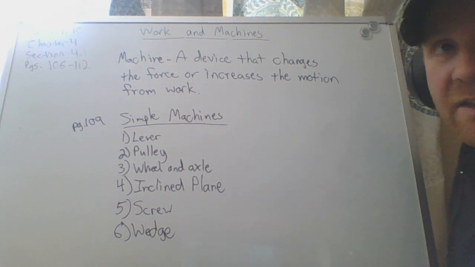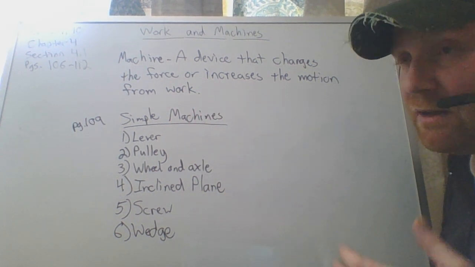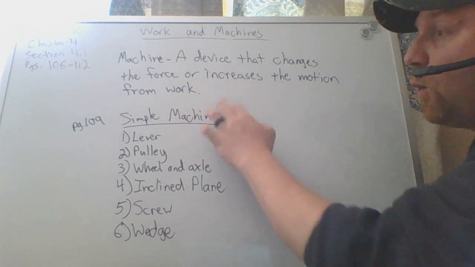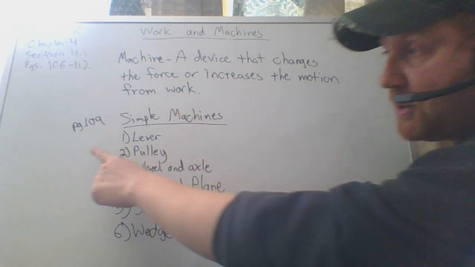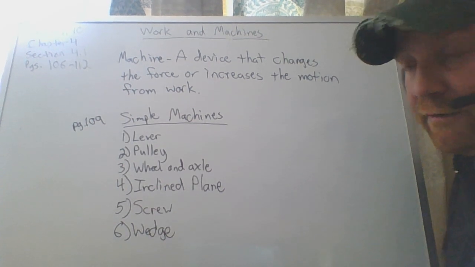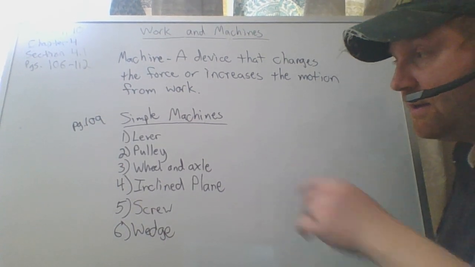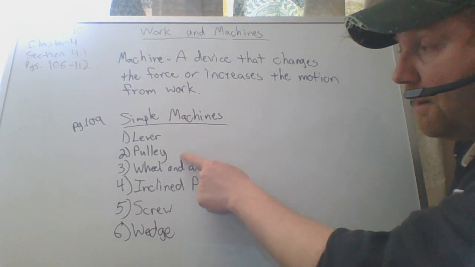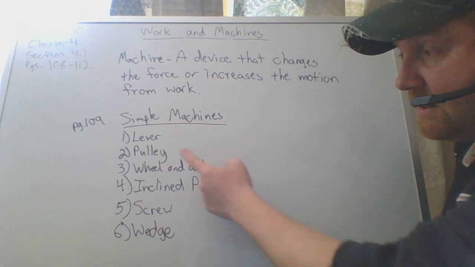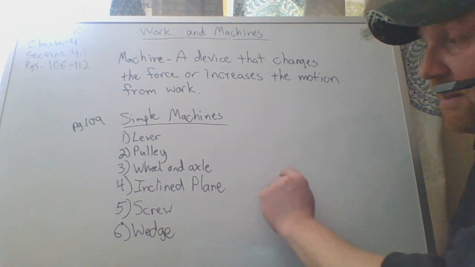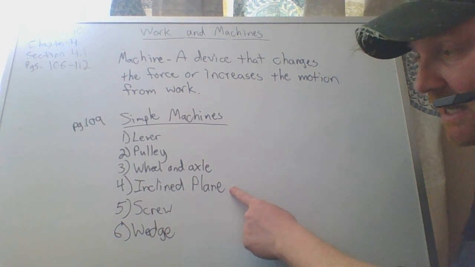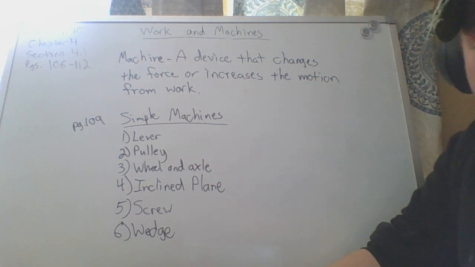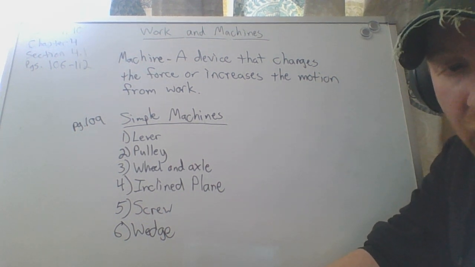Here are some examples of simple machines on page 109. There are six of them. The first one is a lever, a pulley is the second, a wheel and axle is the third. Number four is an inclined plane, number five is a screw, and number six is a wedge. Once again, they're all listed on page 109.